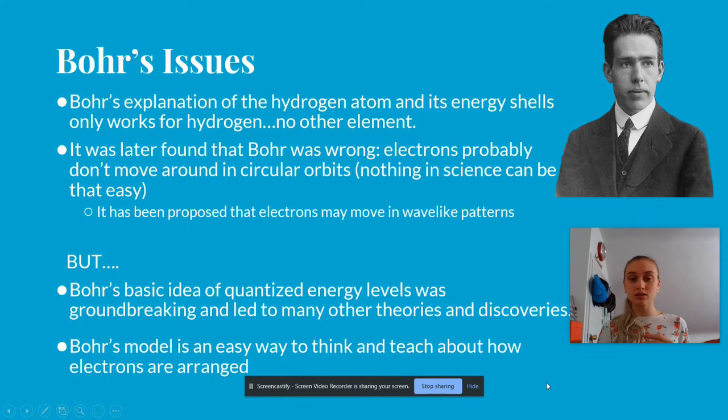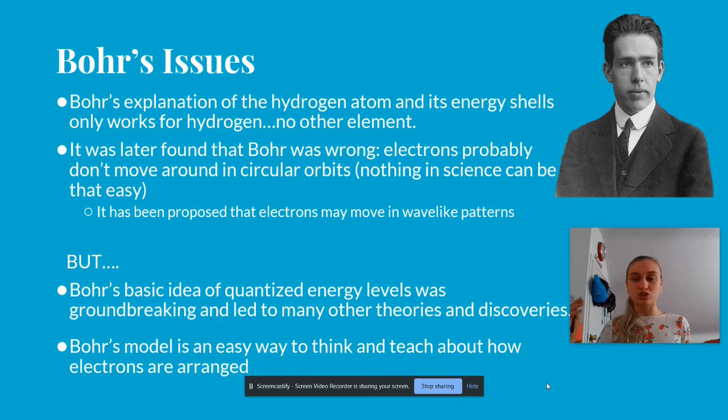But despite all those things that are wrong with Bohr's theories and model, it did have a lot of good things about it. His ideas led to a lot of other groundbreaking discoveries. He set the fundamental groundwork down to say, okay, I think electrons have energy levels.